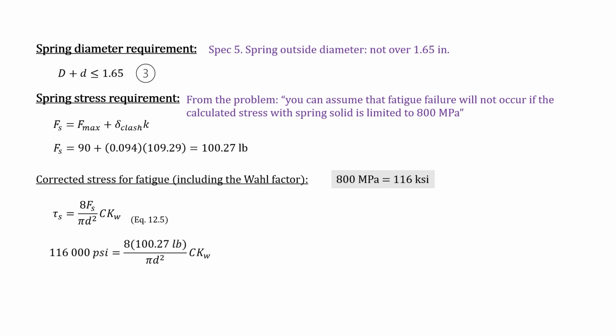If we sub in, we know our stress is 116 KSI, and our FS, our spring force, we just solved for in the line above. We still don't know our small diameter, our C value, or this KW. Using that, we can rearrange for our small diameter equation here, and I'm going to call this equation 4.